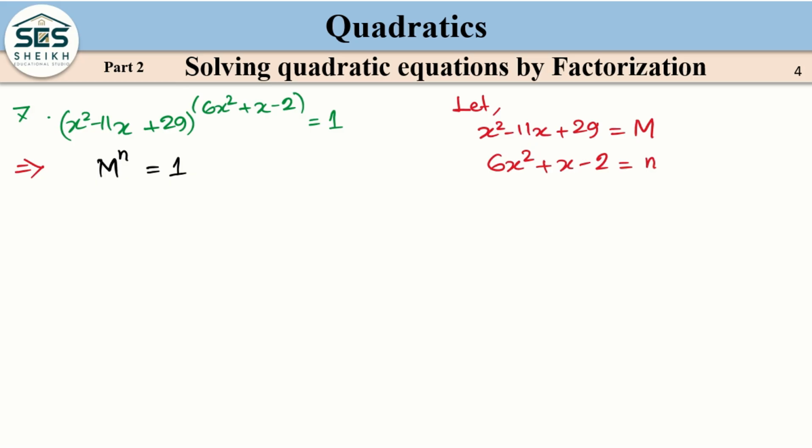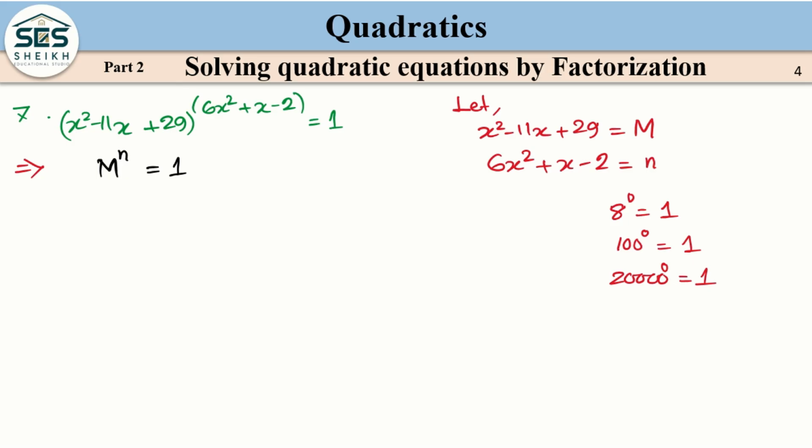Anything whose power is 0 is actually 1. So here is the concept: if the power of 8 is 0, it will be 1. If the power of 100 is 0, then it will be 1. If the power of 2000 is 0, it will be 1. So it always leads to 1.